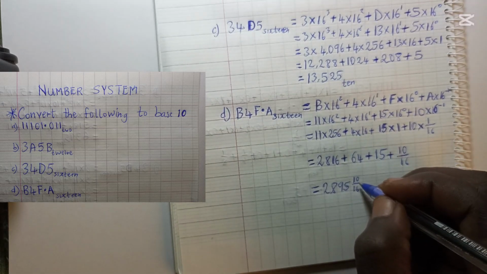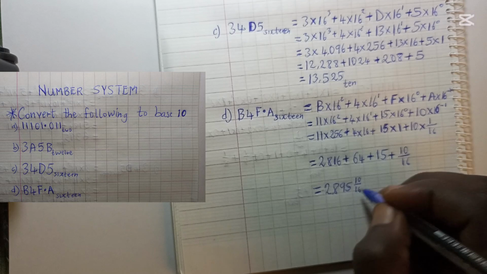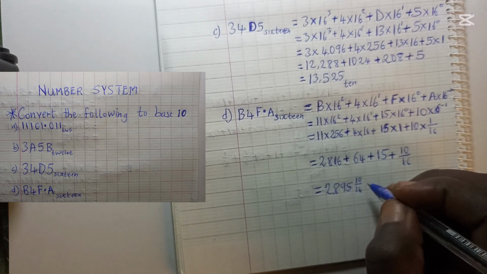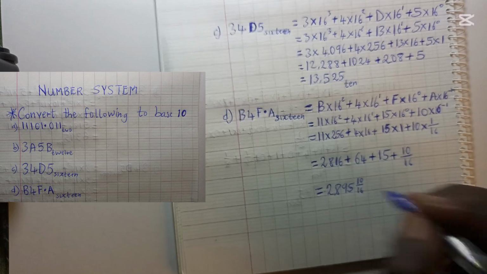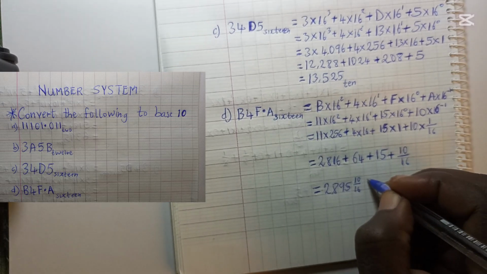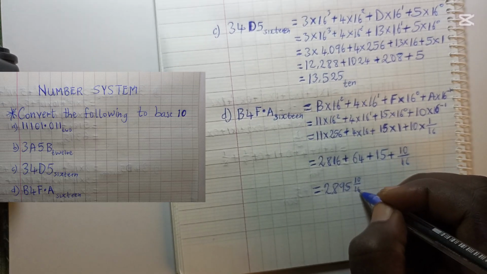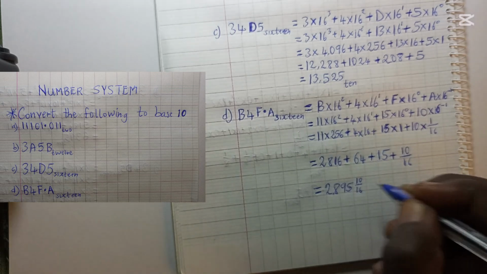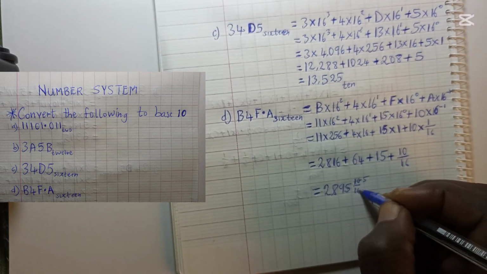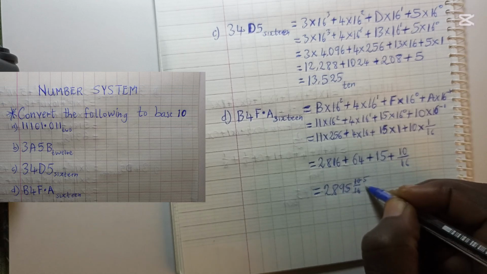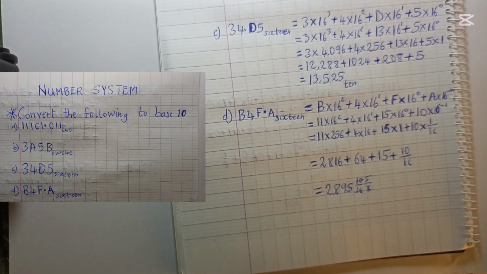Remember this fraction here, we can reduce it to its lowest term by dividing both sides by a common divisor, which is 2. 10 divided by 2 will give us 5. 16 divided by 2 will give us 8.